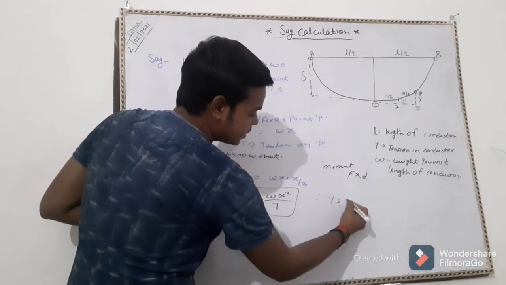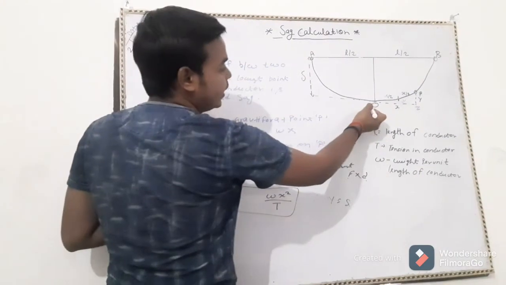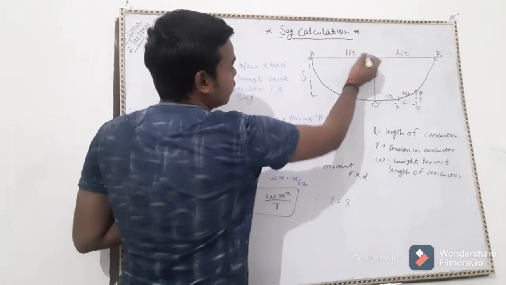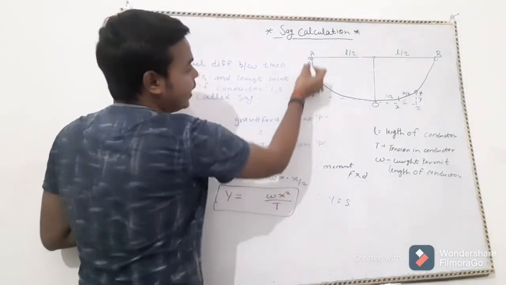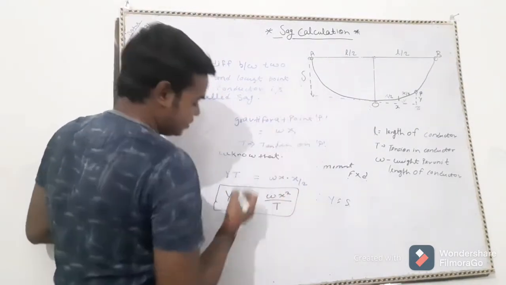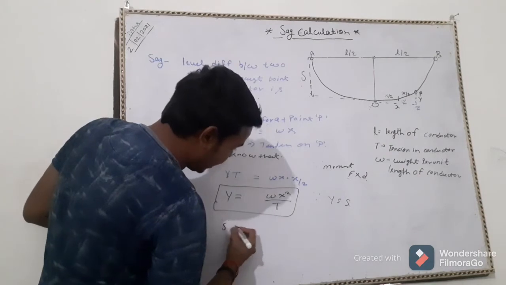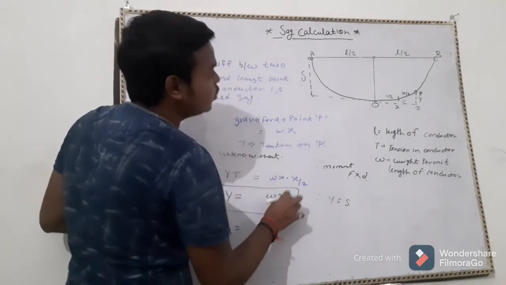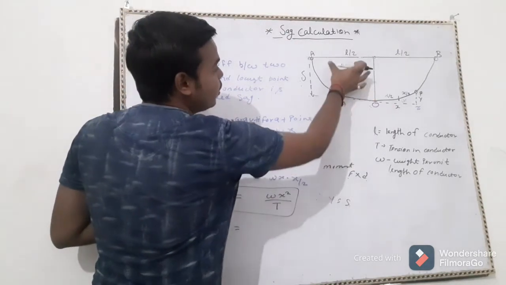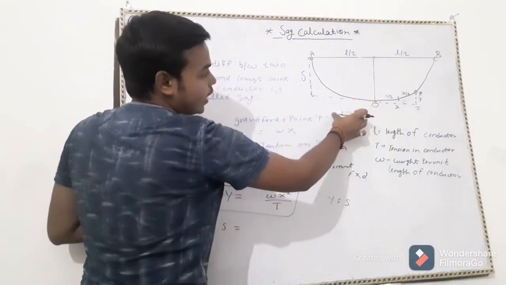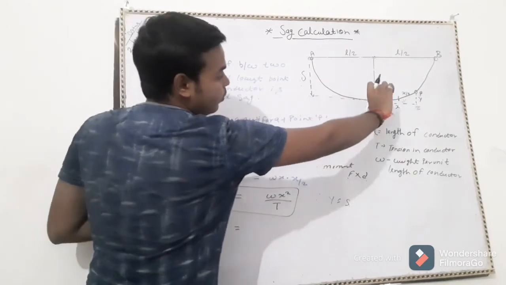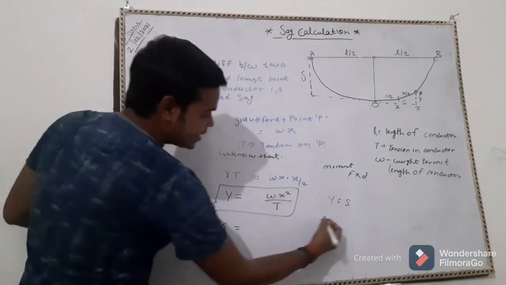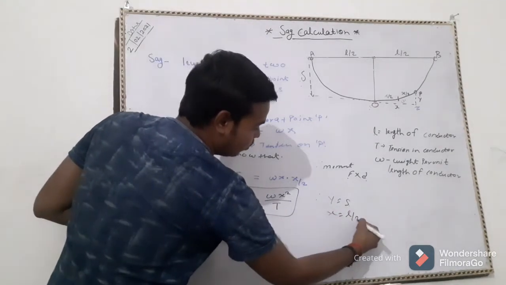Y is equal to S, because distance between O and point A is S. So we can put here y is equal to S, and x is equal to L upon 2, because we are calculating sag from this point to this point.